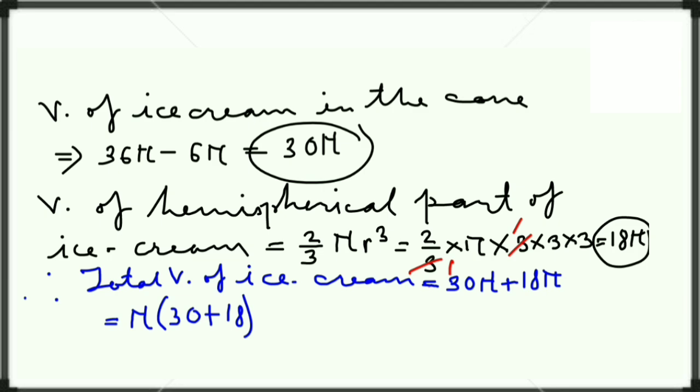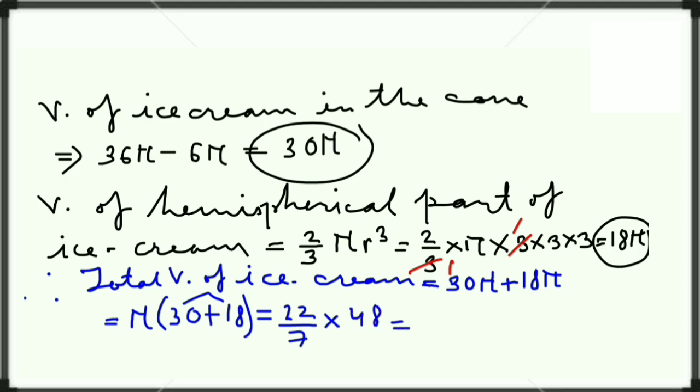Now put the value of pi, that is 22 by 7, into, and after adding these two we obtain 48.